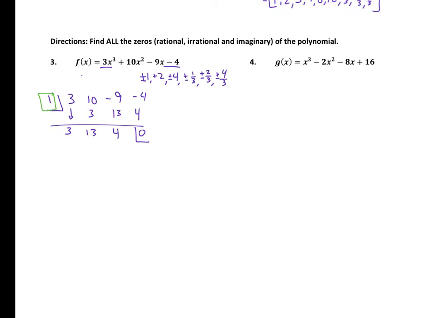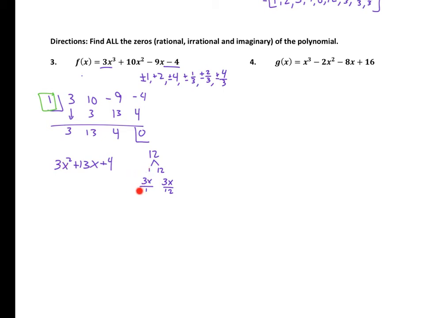take our new coefficients, 3x squared plus 13x plus 4. We're going to factor that. If we remember, 3 times 4 is 12. Now we're looking for the factors of 12 that give us 13, so that's going to be 1 and 12. We're going to take the 3x, we're going to put that up here.